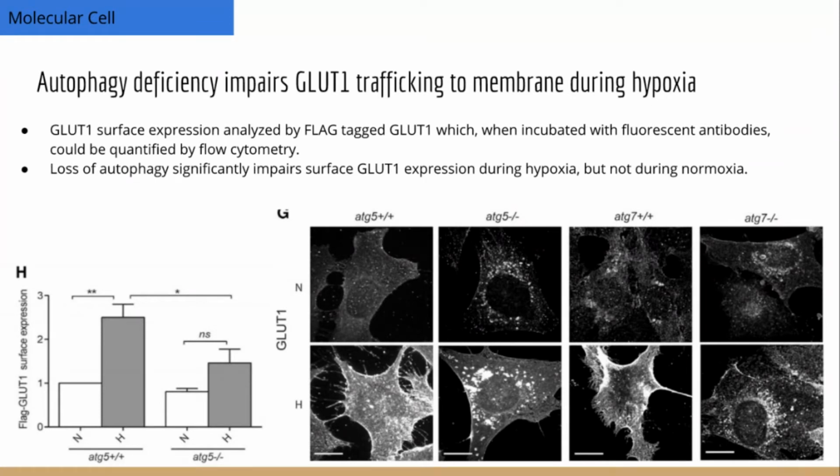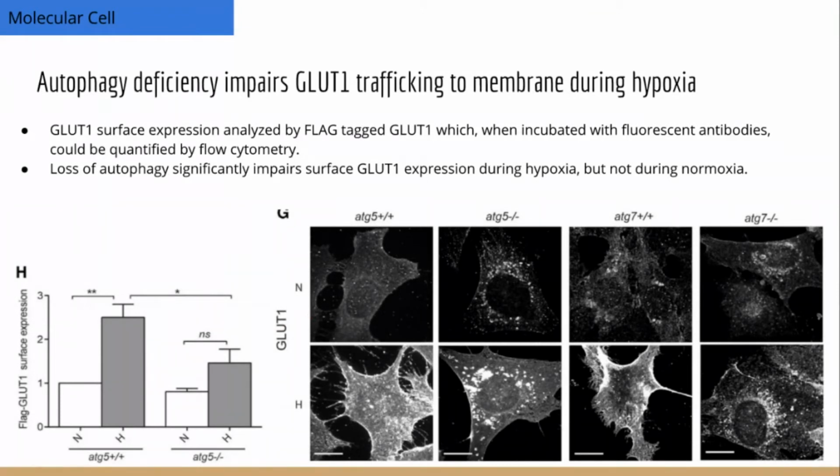So to assay membrane expression of GLUT1 and not overall expression, which wouldn't be very helpful, they used these flag-conjugated GLUT1 proteins that are recognized by very highly specific fluorescent antibodies towards flag. And so what they did is they pulsed these cells with a fluorescent antibody towards flag on the GLUT1 proteins, and then they washed all of the excess off.